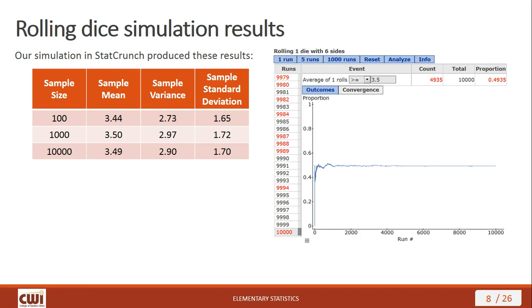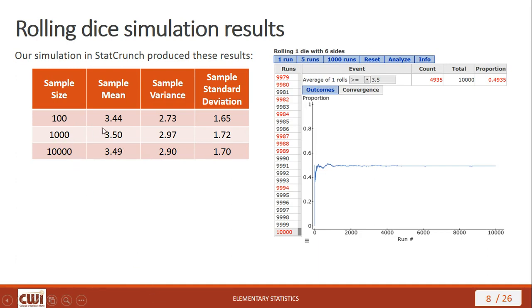Notice that after 10,000 trials, the proportion of runs that are on one side or the other is actually slightly less than 50%, but it's close enough to where we would consider it to be about a half. Notice how the sample mean, the variance, and the standard deviation are changing the more times we take the rolls.